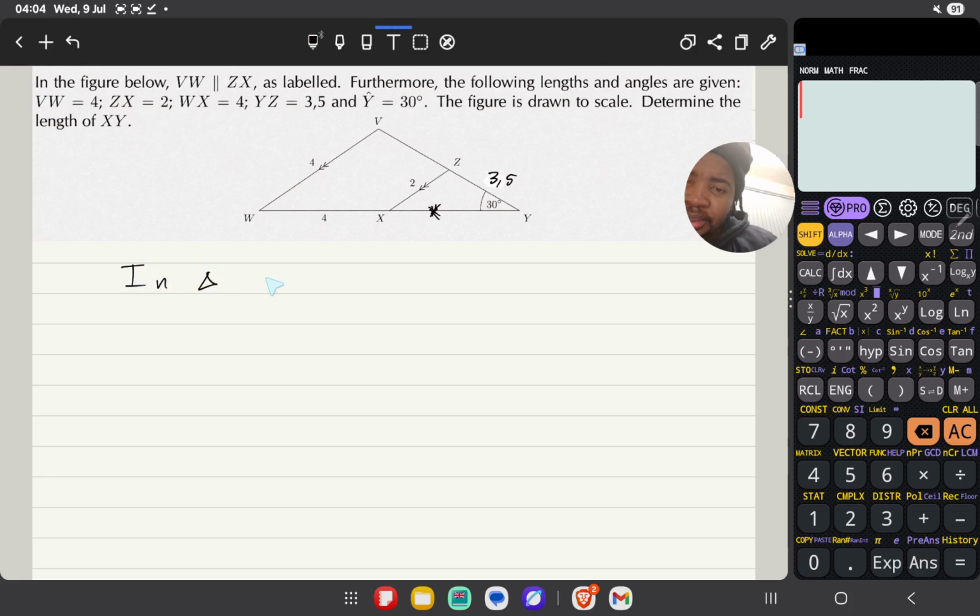In triangle YVW and triangle YZX, angle Y equals angle Y, given.